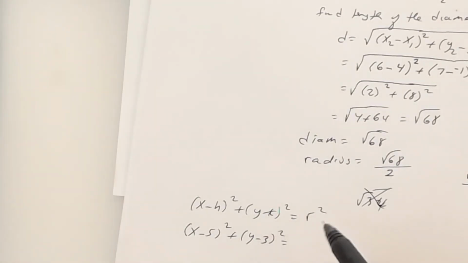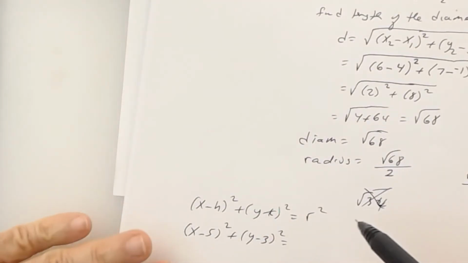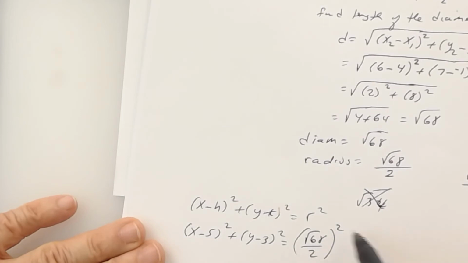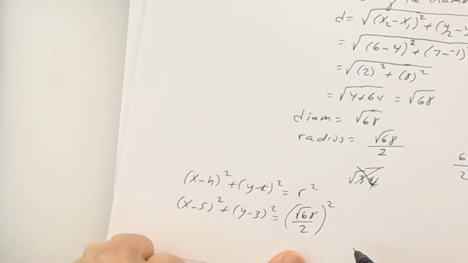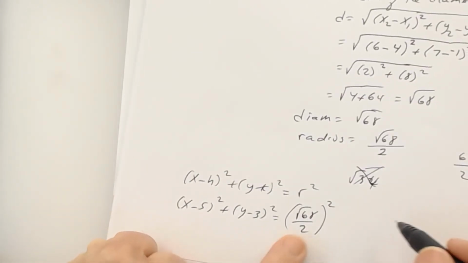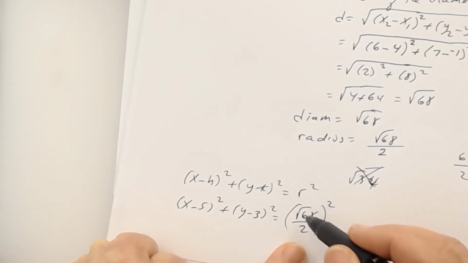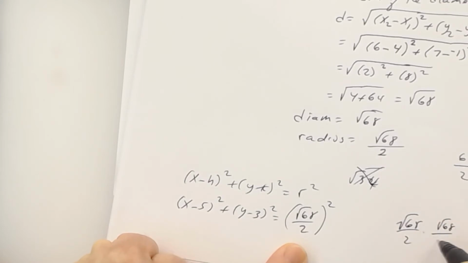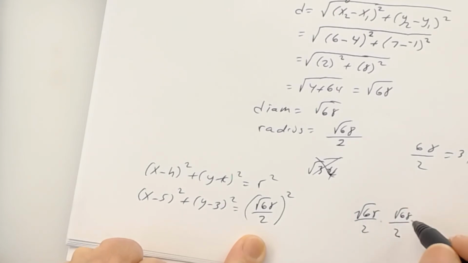All right, now let's actually write this out. What is my radius? Square root of 68 divided by 2. What do I do to that, though? Square it. Okay, now don't leave your answer like this. I expect you to tell me that the square root of 68 divided by 2, squared, means the square root of 68 divided by 2 times itself. What's the square root of 68 times the square root of 68? 68.